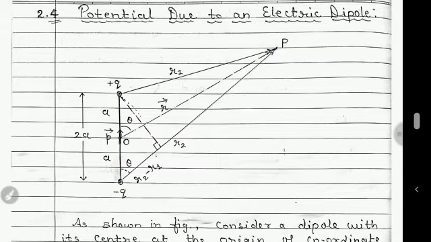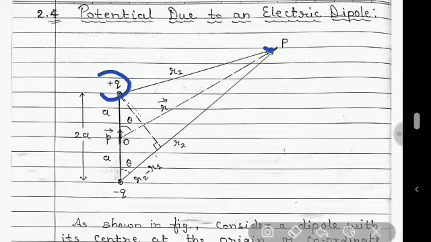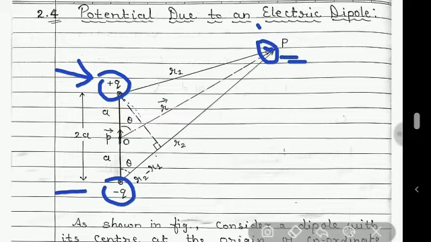Now at point P, the potential is due to this positive charge, as well as due to the negative charge, and so the resultant potential at point P will be the summation of the potential due to this positive charge and due to the negative charge.